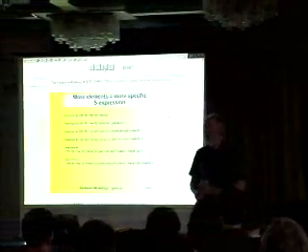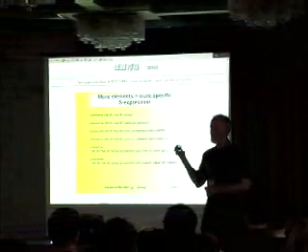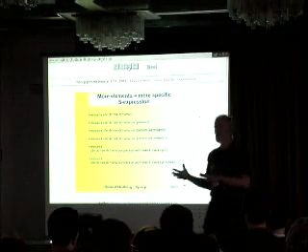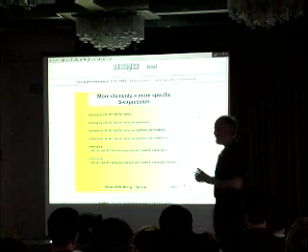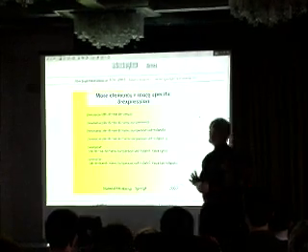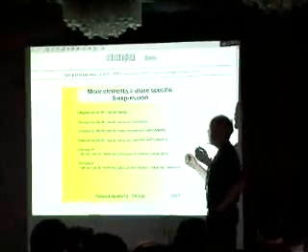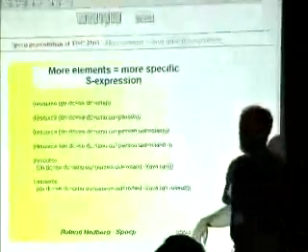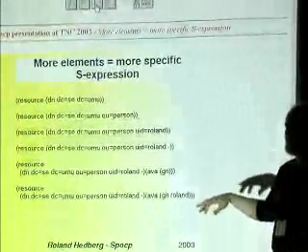And basically what it's all about is that if you have an S-expression, and these are a couple of S-expressions, you make it more specific by adding elements. So I assume that most of you know about directories. So this is a representation of a directory name, a distinguished name.